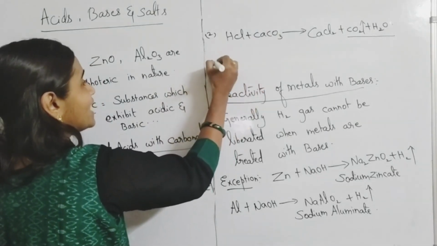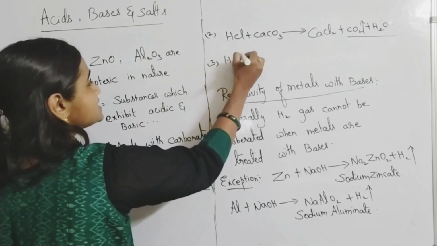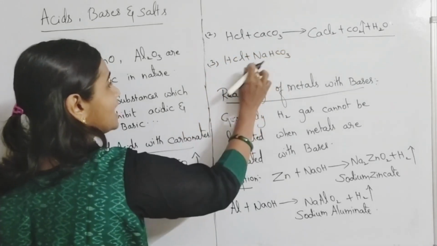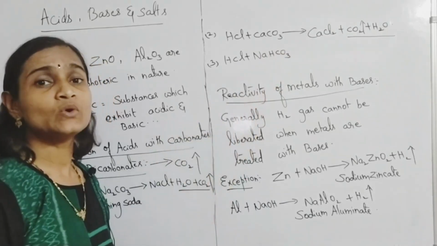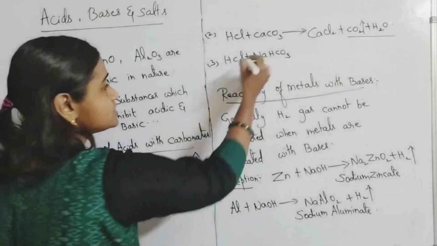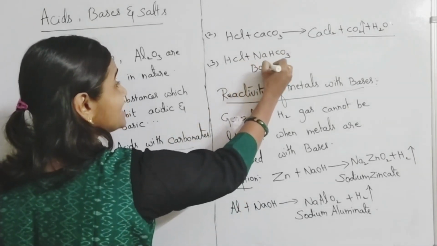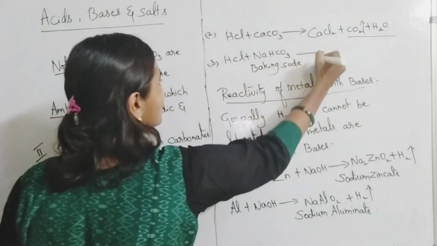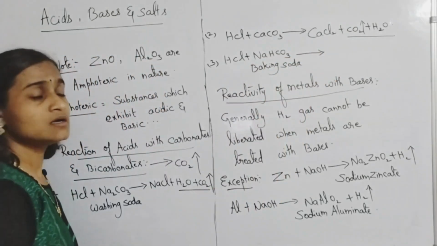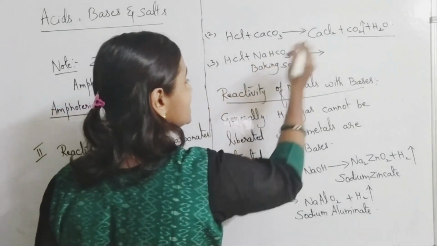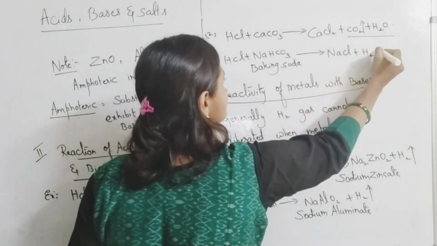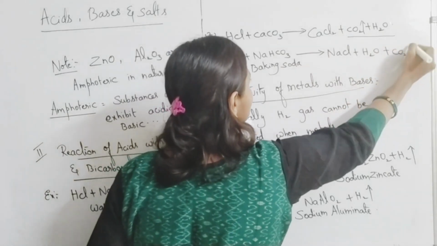If you take bicarbonates, like HCl reacting with NaHCO3, sodium hydrogen carbonate, sodium bicarbonate, which in other words you call baking soda. So HCl reacts with baking soda and forms, same like that, NaCl, H2O and CO2 gas.